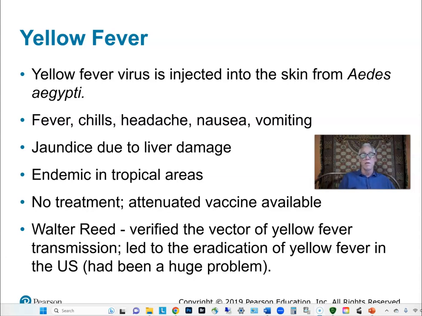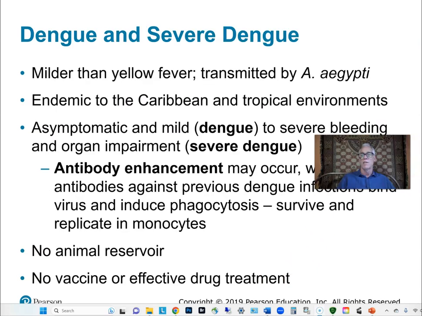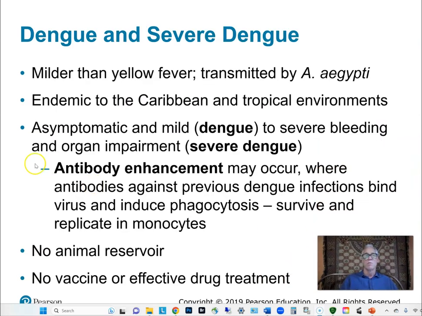They didn't know it was carried by mosquitoes. They just didn't know what was causing it. And every summer there'd be these huge outbreaks. Even the city of Pittsburgh once had an enormous outbreak, and that caused a lot of mayhem and unrest. And so they hired Walter Reed to go after this problem, and he solved it. Pretty cool stuff. So now there's not much going on in this country. Basically we eliminated those mosquitoes by mosquito control.